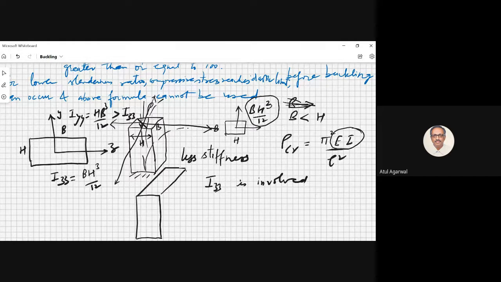Now I have drawn it like this. So which is higher? This is higher. If this direction is your ZZ, then this will be higher than the other one.